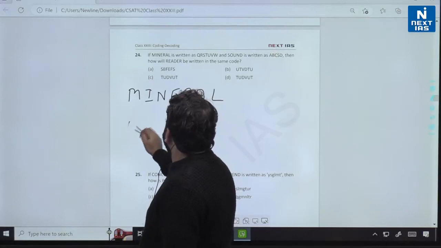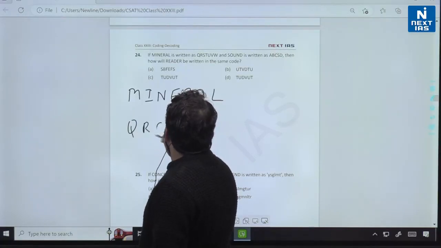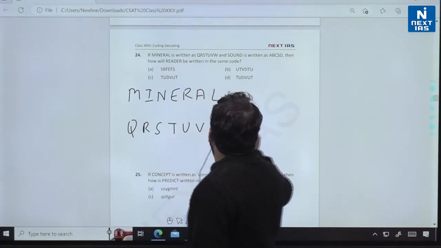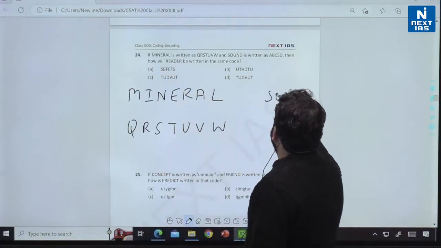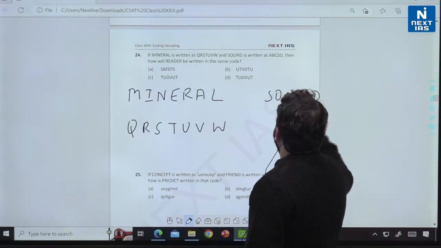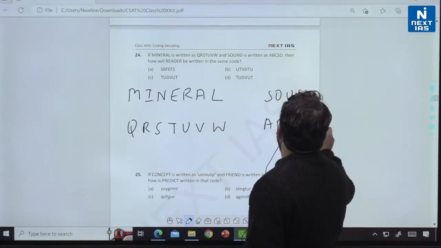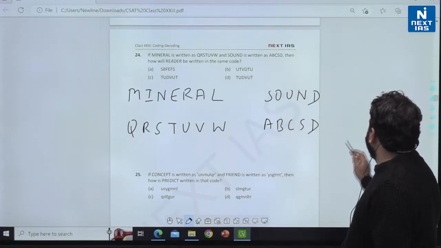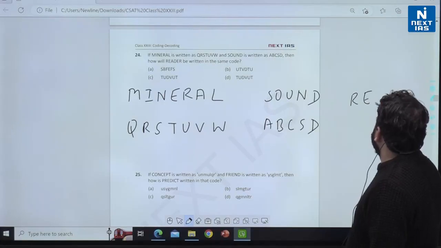Mineral is written as Q R S T U V W. Sound is written as A B C S D. So you have to find out how will reader be written in that code.